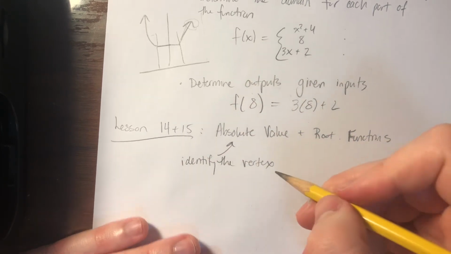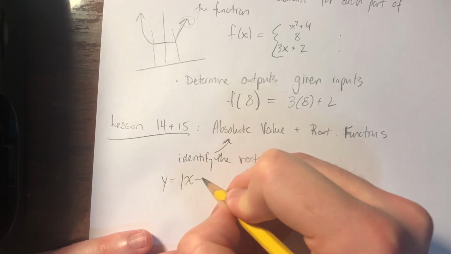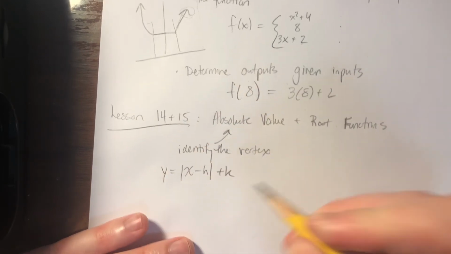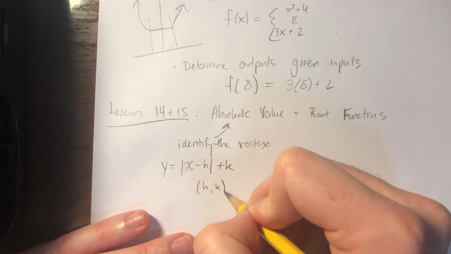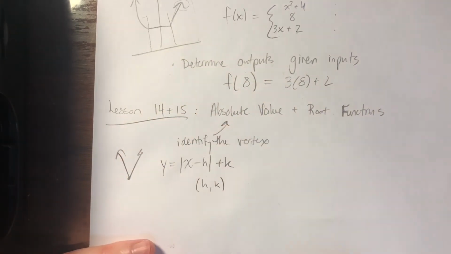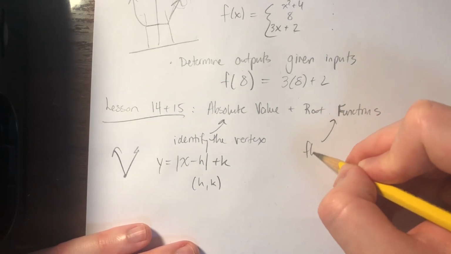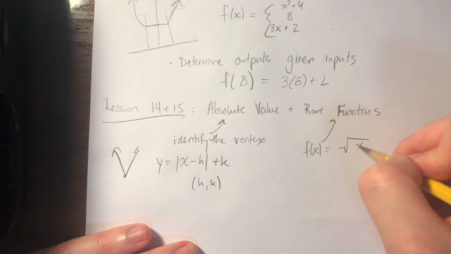They're very similar to parabolas. We talked about it. We have an absolute value function. That value h comma k is sort of that vertex of the graph. Root functions, we got f of x is equal to the square root of x.